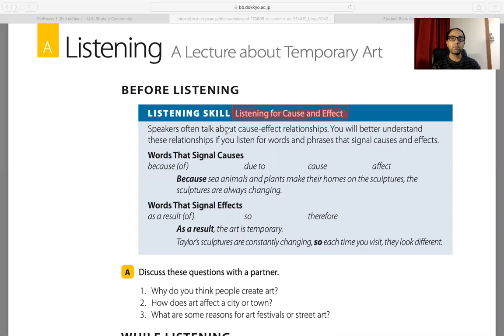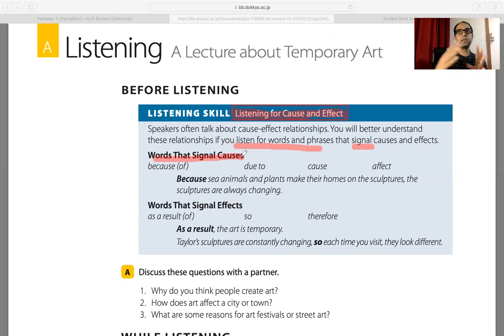Speakers often talk about cause-effect relationships. You will better understand these relationships if you listen for words and phrases that signal causes and effects. What kind of words or phrases help you understand whether the speaker is talking about cause or effect? For example, words that signal causes.